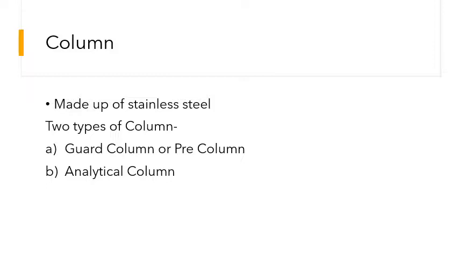If any kind of problem or contamination is there in the sample, it is checked by passing the sample through this pre-column. It does not pass then to the main column where the exact separation takes place. So we check our sample in the guard column, and if there is a problem, we remove it from the sample and then it passes through the main column.